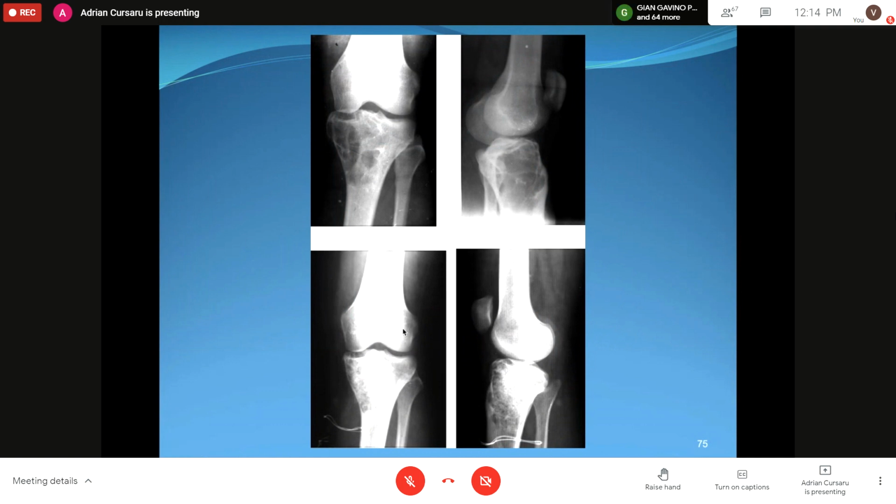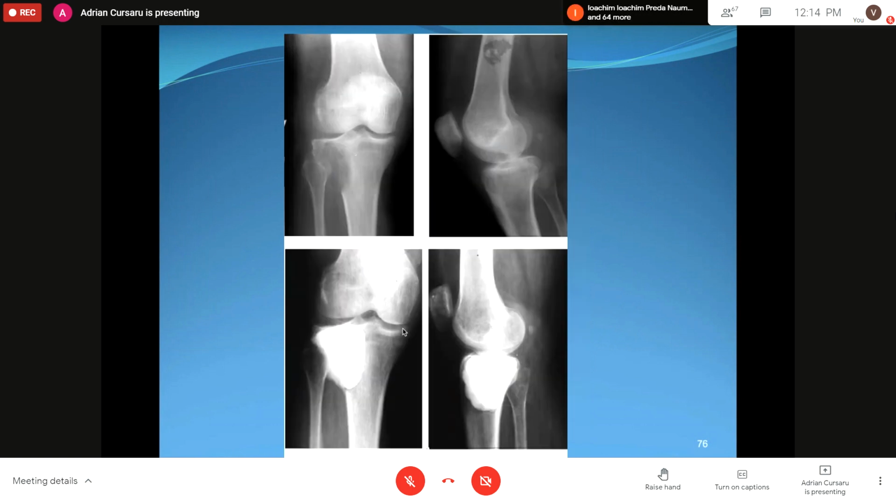We have done the curettage of all the lesion, all the tumor, and then we are putting grafts, allografts, homografts. It doesn't matter what type of grafts you are using, but the important thing is the type of treatment, curettage and grafts.